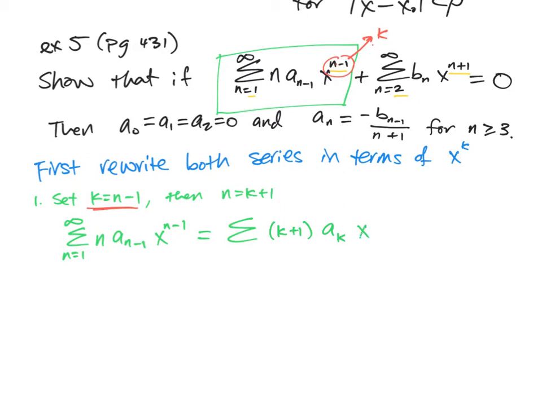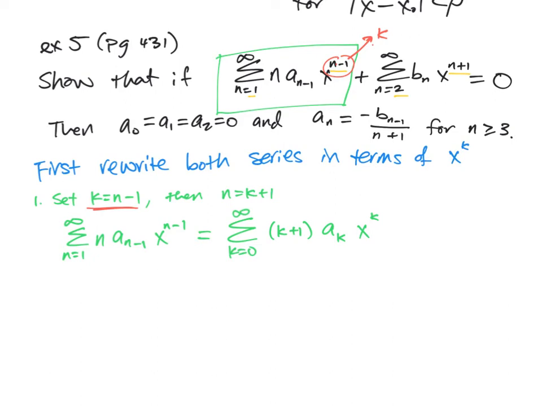Then x to the n minus 1 becomes x to the k. For my summation limits, it's just like when you do a u-substitution and change the limits of integration. When n equals 1, k equals n minus 1, which is 0. And when n equals infinity, k equals infinity minus 1, which is infinity.